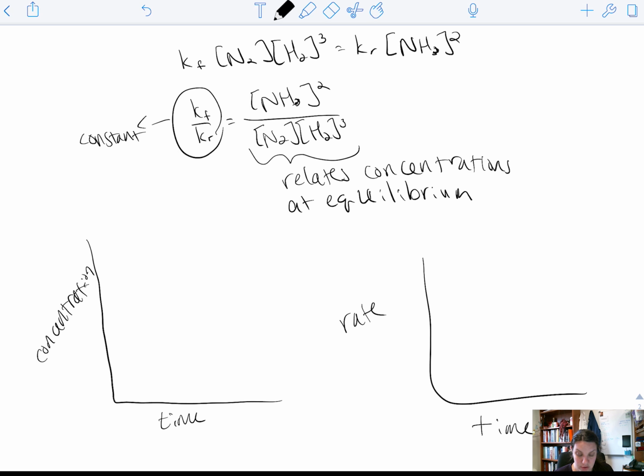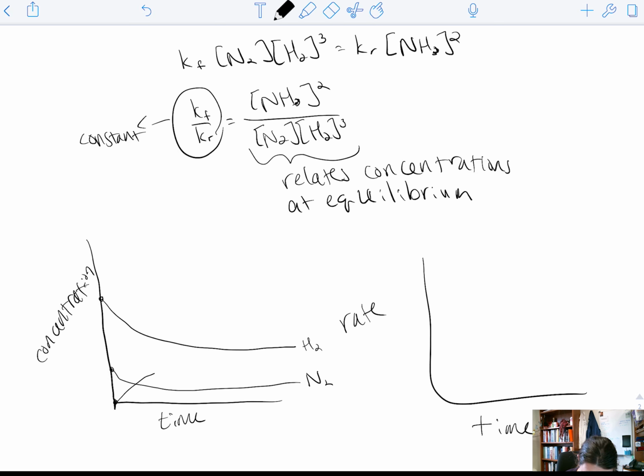So at time 0, we start out with an amount of H2, an amount of N2. Our H2 will go down, our N2 will go down. And we're going to start out with, so this is our H2, this is our N2. Then we're going to start out with no NH3.